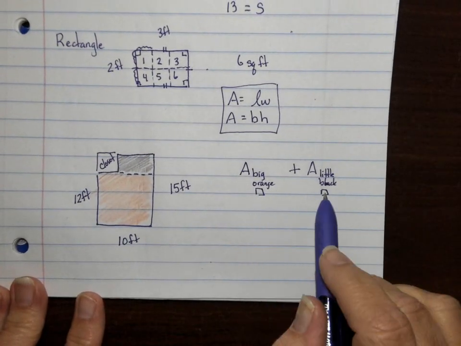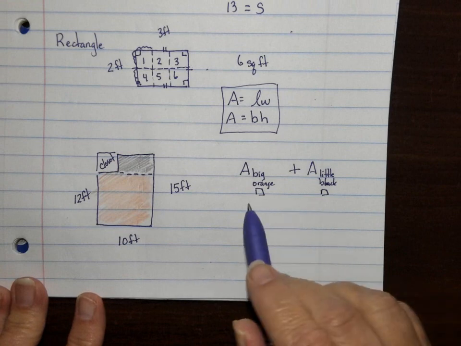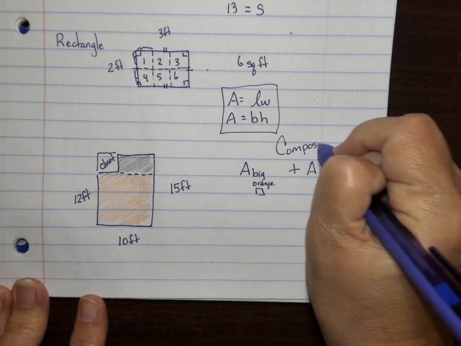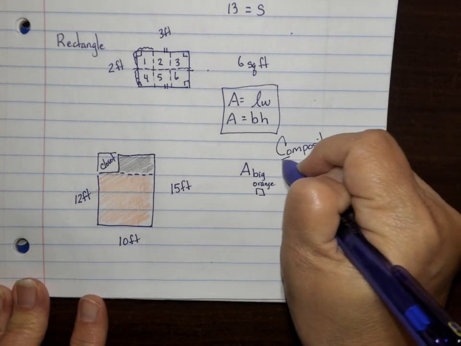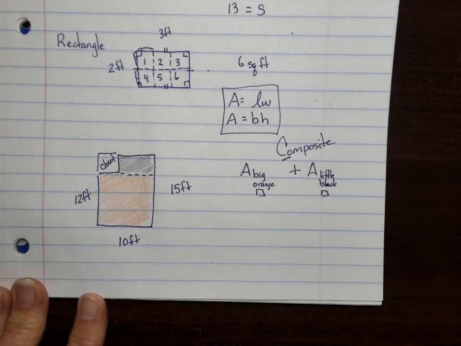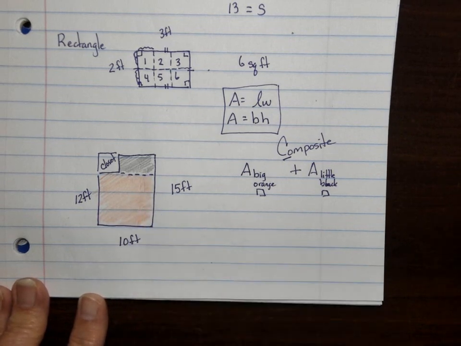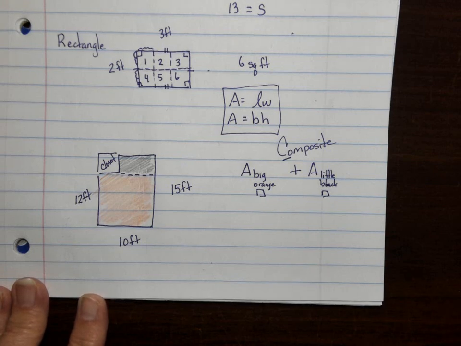So we call this composite area. That prefix co, remember, means together, like cooperate. It means we're going to put these two areas together, make a composite figure. So we find the area of one, we find the area of the other, and we add them together.